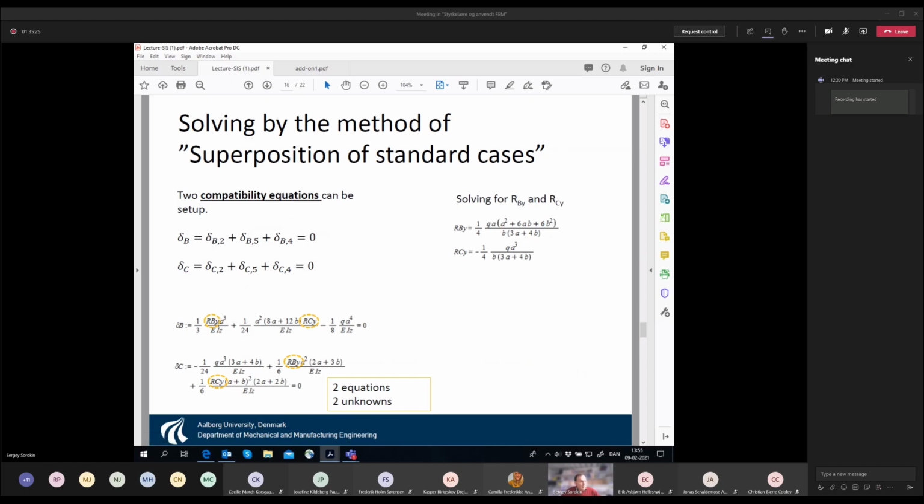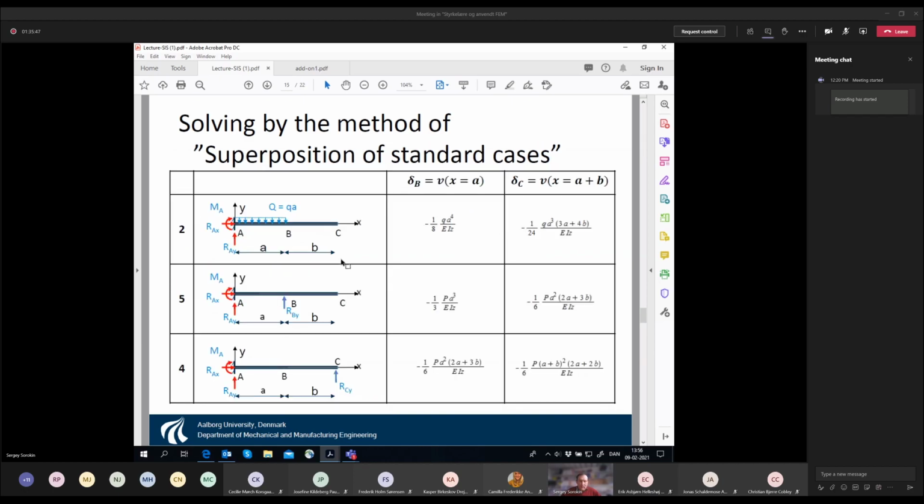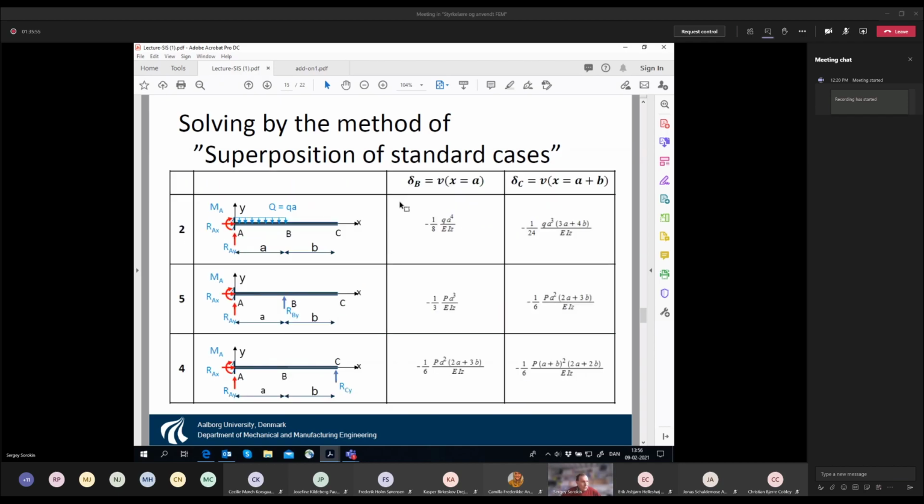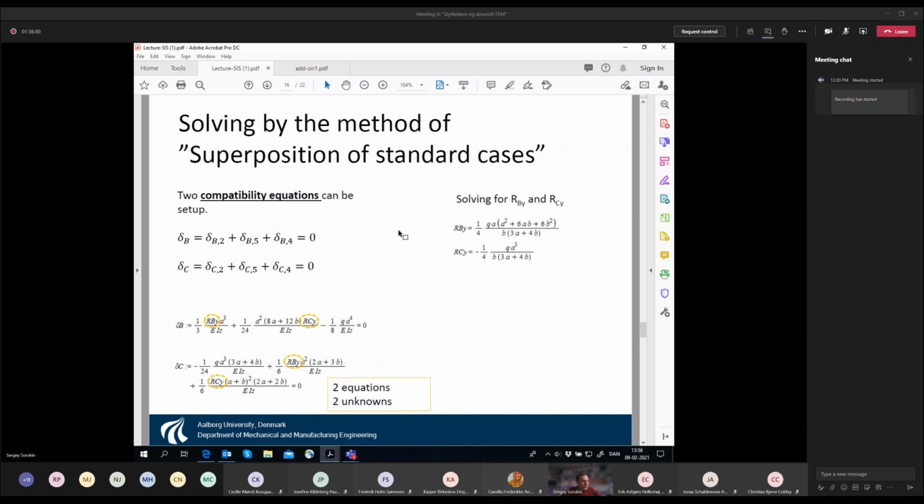We solve this system, and we've got the answer. So this is a key point in this method of superposition. We take the table and combine the data from the table in a smart way.